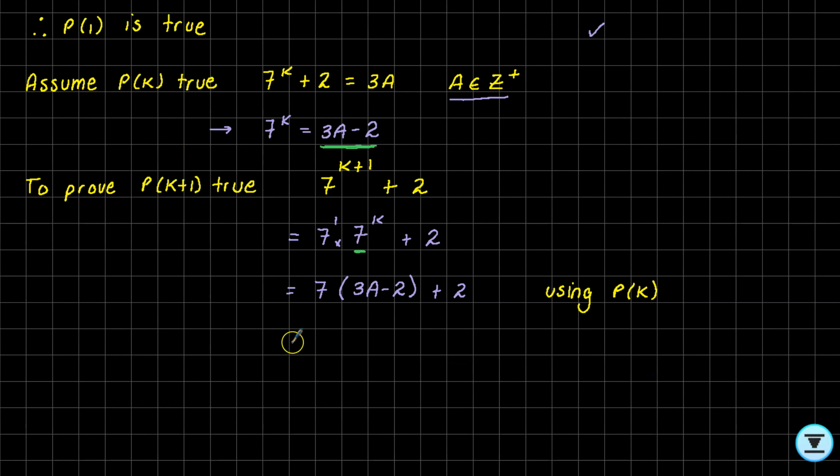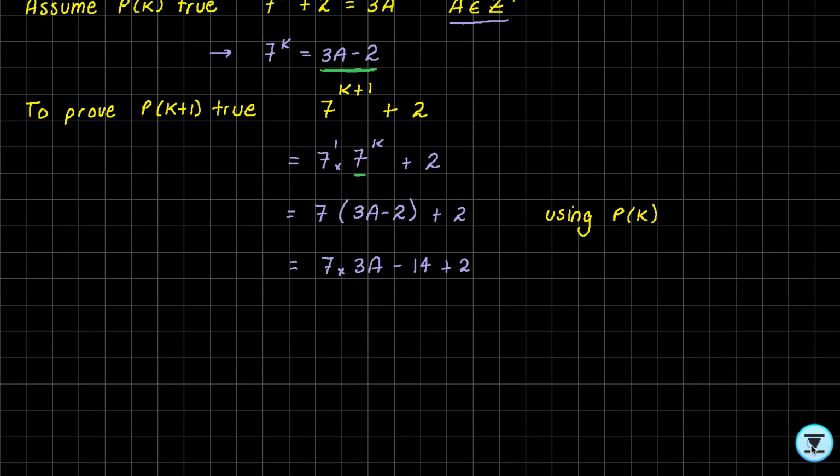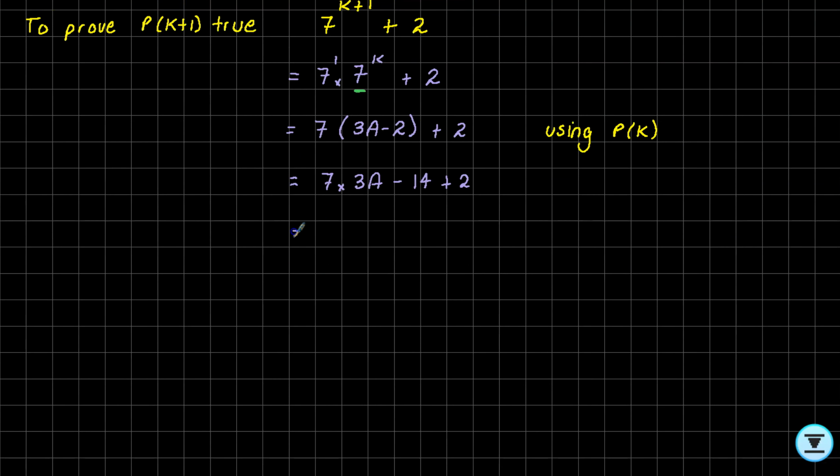Now we're just going to say that 7 times 3a, 7 times 2 is 14 plus 2. And we can see where this is going because we've got 7 times 3a minus 14 plus 2 is minus 12.